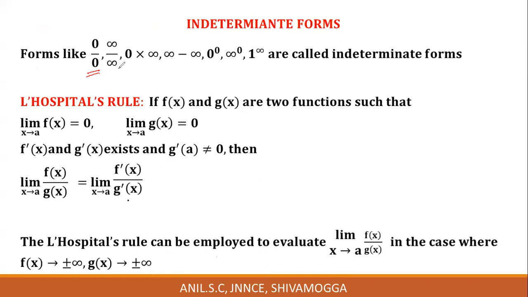Forms like 0 by 0, infinity by infinity, 0 into infinity, infinity minus infinity, 0 power 0, infinity power 0, and 1 power infinity. Totally, there are 7 indeterminate forms. These forms are called indeterminate forms.